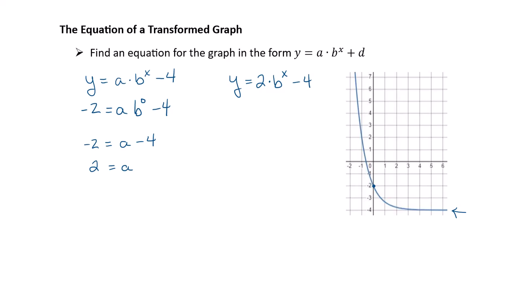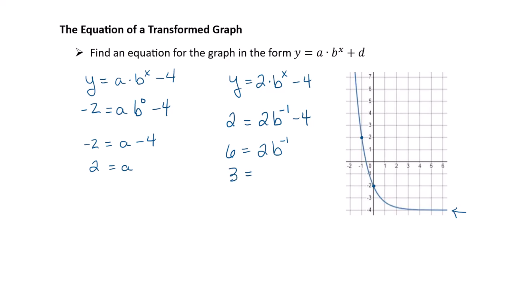Can we find another point to put in? Let's say maybe we put in the point -1, 2. So when x is -1, y is +2. And I see if I can solve this. I'm going to go ahead and add 4 to both sides. This gives me a 6 equals 2b to the -1. I divide both sides by 2.